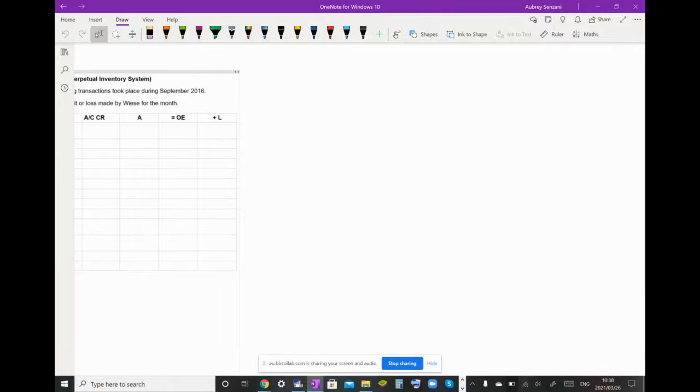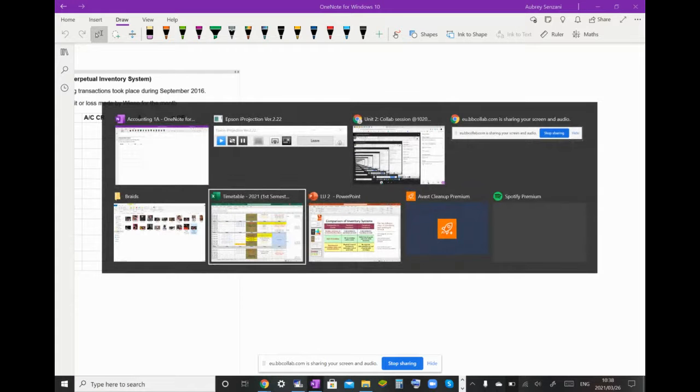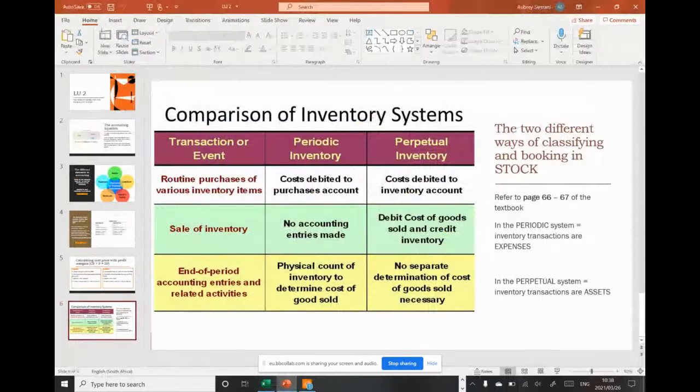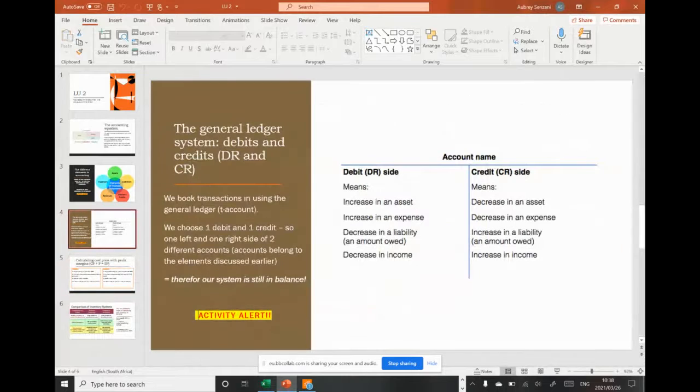So remember, when we go back to the slides that we went through in Unit 2, we had a list of what we are supposed to do when it comes to assets. We debit assets when they increase, and we credit assets when they decrease. All right, and then expenses, when they increase, we debit them.